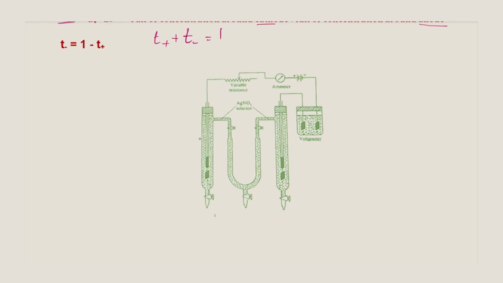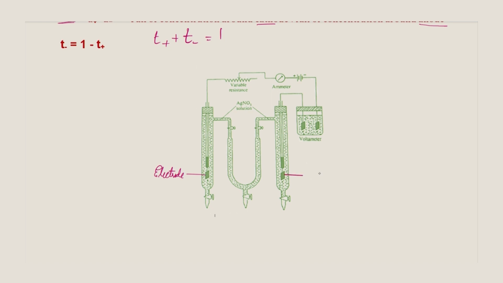We have two vertical glass tubes. This glass tube has a stopcock at the bottom, and you have an electrode fused in a glass tube. This is the electrode. On both sides we have electrodes.